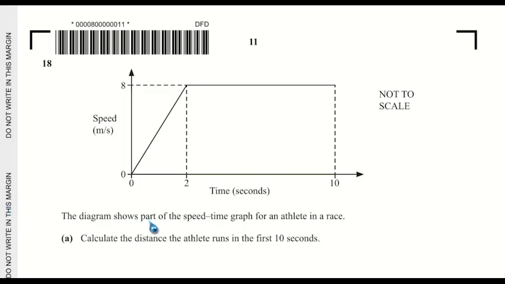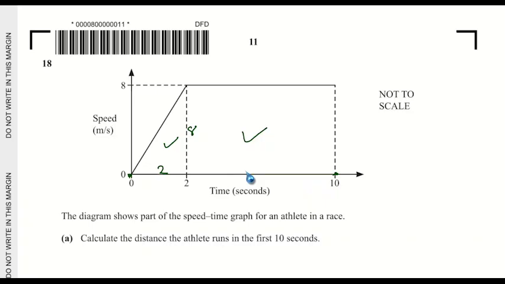The diagram shows part of a speed-time graph for an athlete in a race. Calculate the distance the athlete runs in the first 10 seconds, right? So the first 10 seconds will be from here to here. Now, the distance covered will be the area under this graph. So we need to find the area of this triangle and the area of this rectangle and add them together. So here is 2 and here is 8.